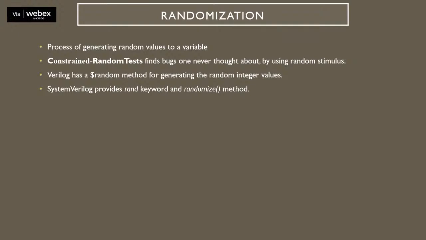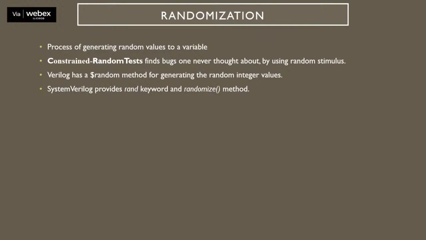That will find bugs one never would have thought of, by using random stimulus. The basic glitches that can occur due to changes of the stimulus might be unlikely to be found in directed testing, because there you tend to take up sequential inputs in a predefined way, and some bugs might be missed. But when taking random, the glitches can be avoided. So that is the add-on feature here.